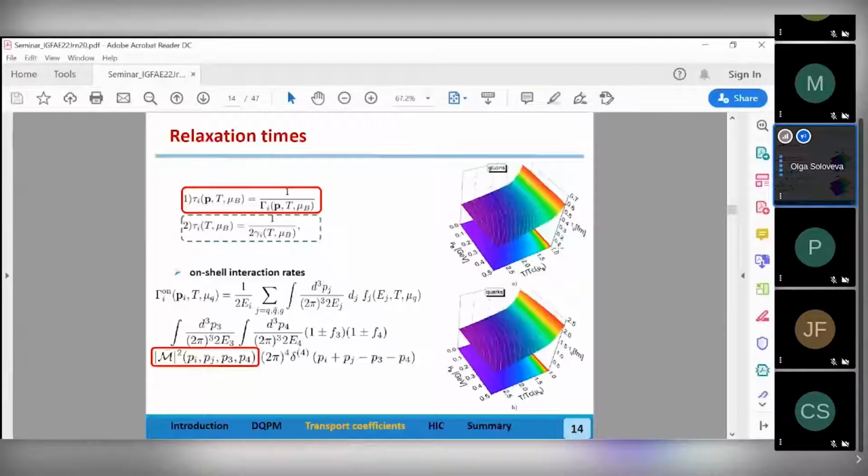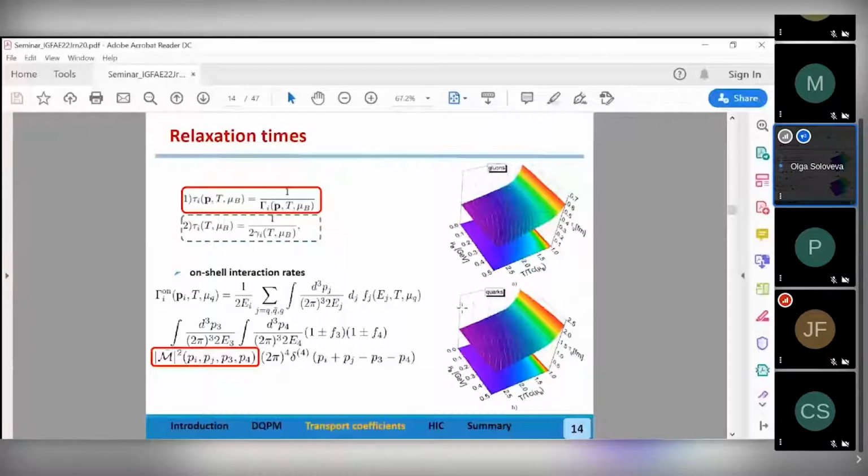So in order to calculate the relaxation time or interaction rate, you need to calculate the matrix element. So we have considered leading order in DQPM, but our model accounts for resummed propagator. So we have considered the pQCD matrix element where we have non-zero masses.